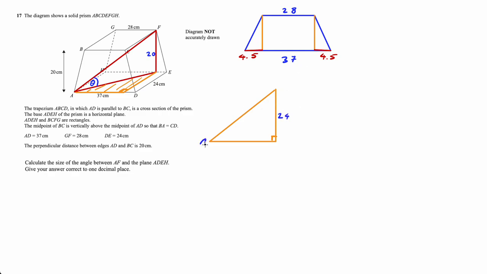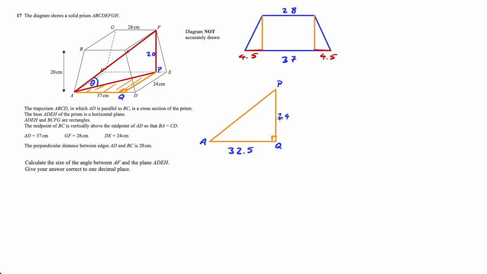So this is A. And this is not even E. So why don't we call this, I don't know, let's call this P. And let's call this Q. So that's P and Q. That's 24. This is 37 minus 4.5, which is 32.5.